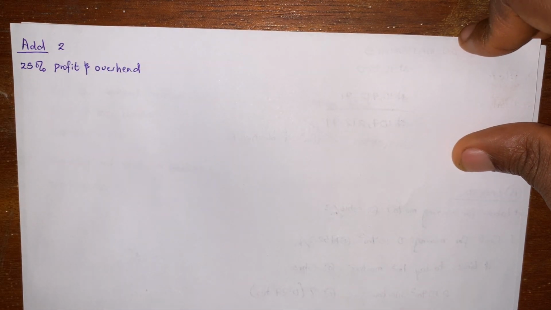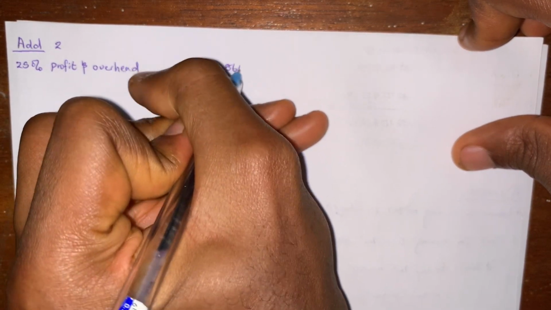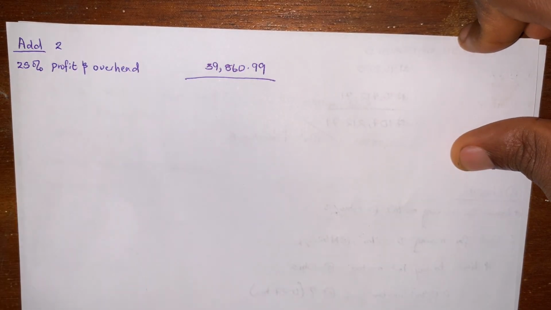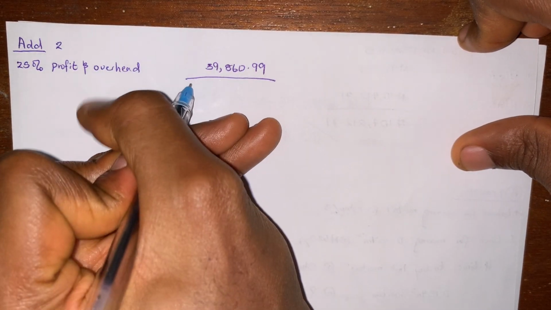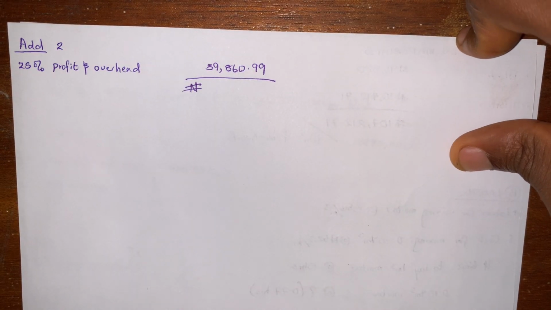So 25% profit on 159,443.96 will give me 39,860.99. So when we add the two of them together, we are now going to be having 199,304.95.